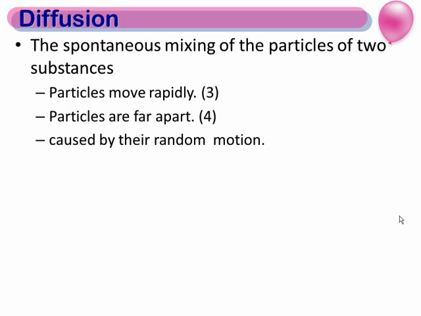It's also important to note that these particles are moving from areas of high concentration, in other words, a place where there's lots of gas particles, to areas of low concentration.